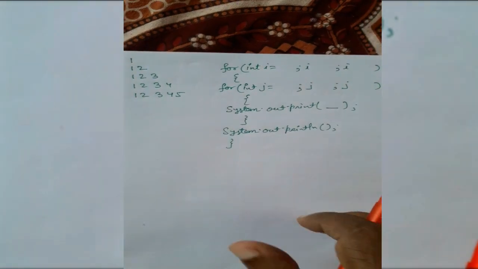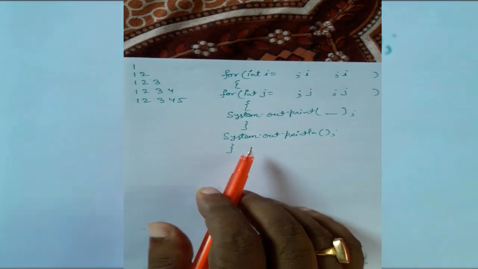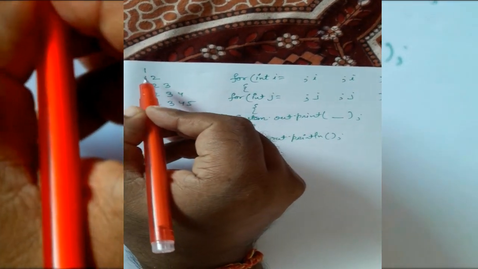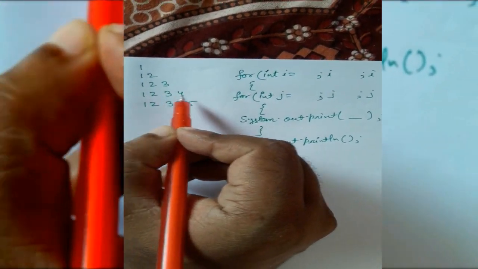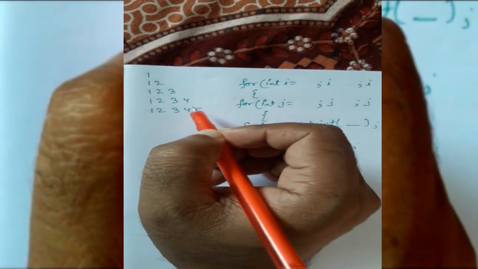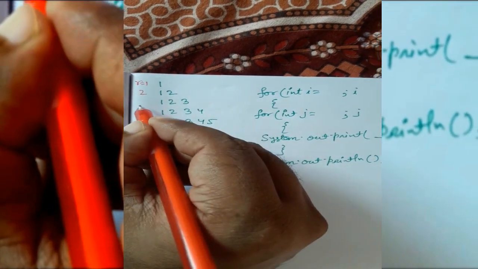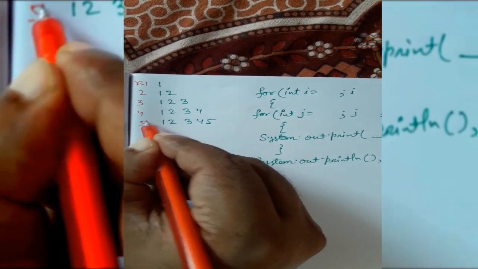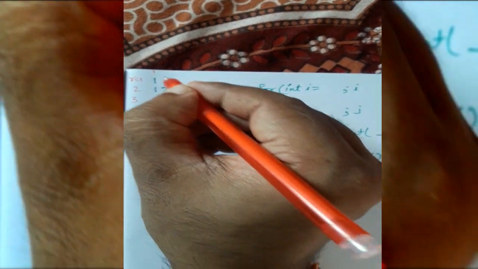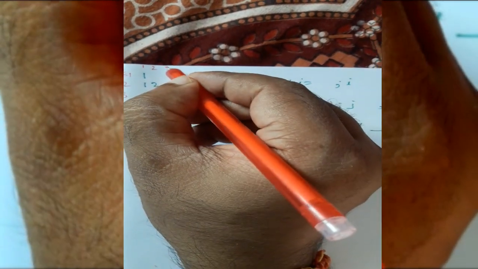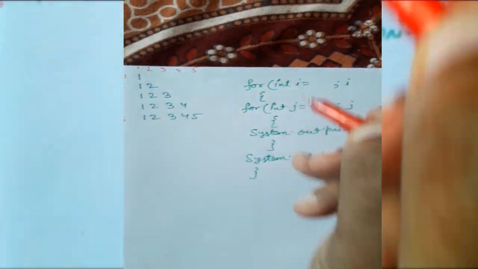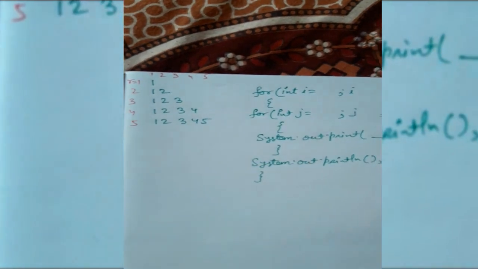Now the next type of problems, that is our rectangular problems. Now you see we are having 1, then 1 2, then 1 2 3, 1 2 3 4, 1 2 3 4 5, that is a rectangular. So we are having rows 1 2 3 4 5, and columns 1, then 2, then 3, then 4, then 5. The maximum number of columns is 5.